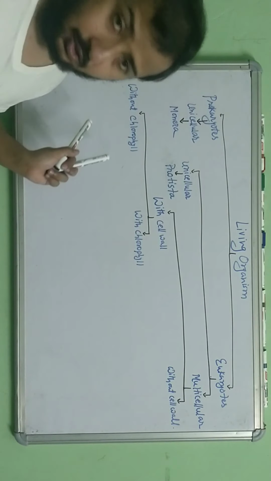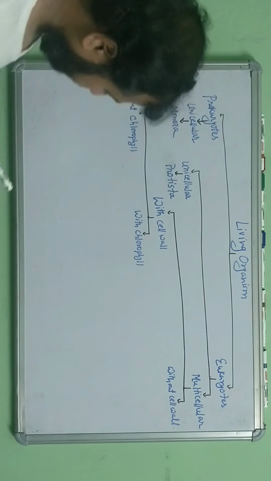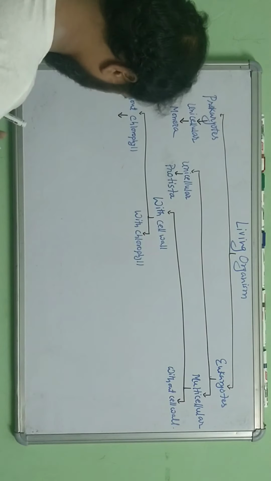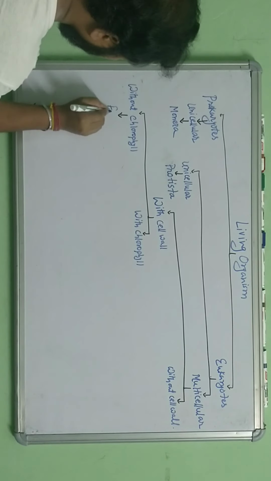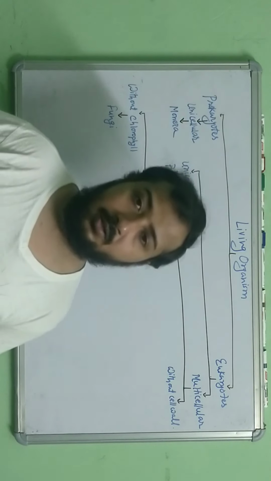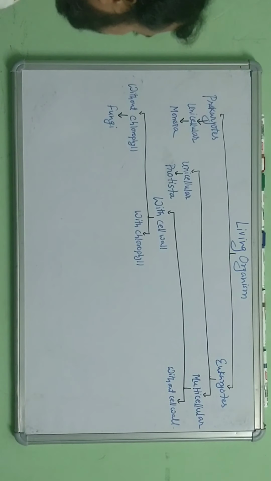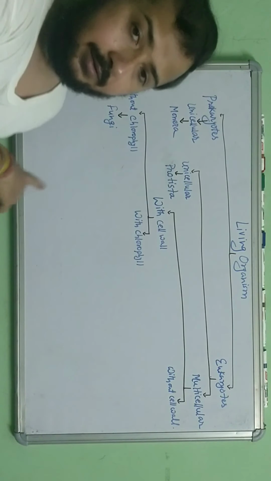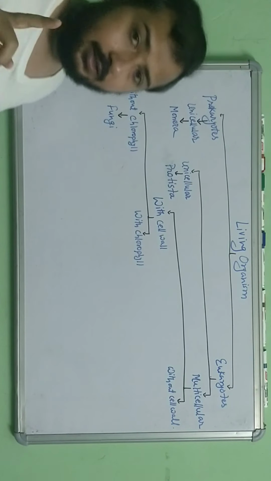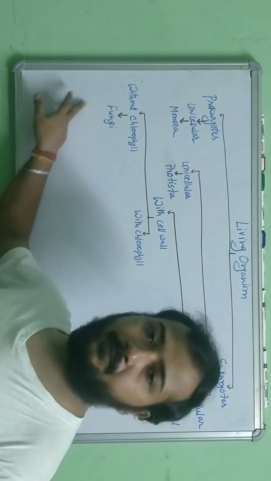Now under this without chlorophyll, the kingdom that comes under this is fungi, the fungus. So this fungi kingdom comes under this category. See how to study this flowchart. If it is asked, tell me some features of the fungi, what will you say?